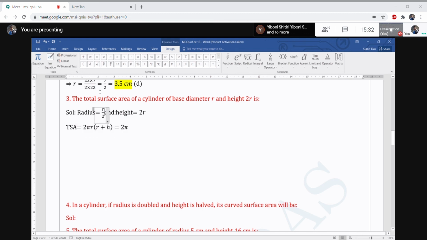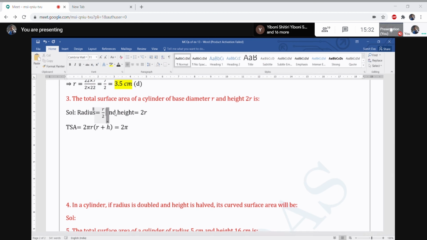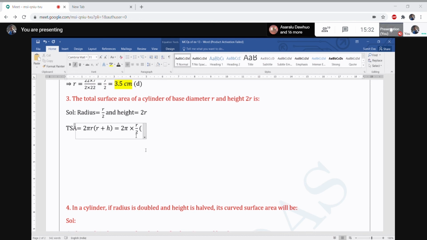Diameter is given r, so radius will be r by 2, sorry. So it will be 2 pi, r by 2 inside the bracket, our radius will be r by 2, and last h is here 2r.